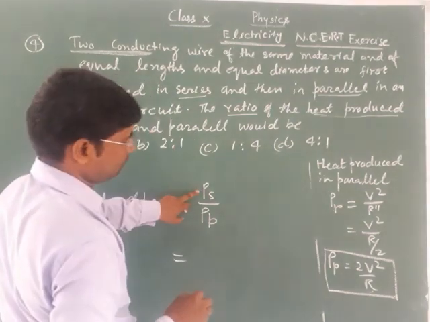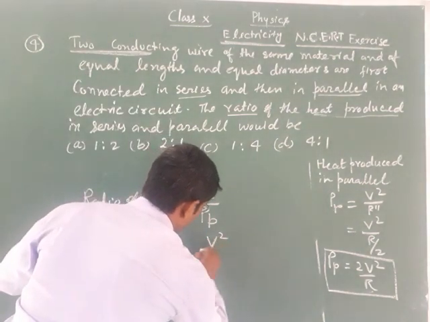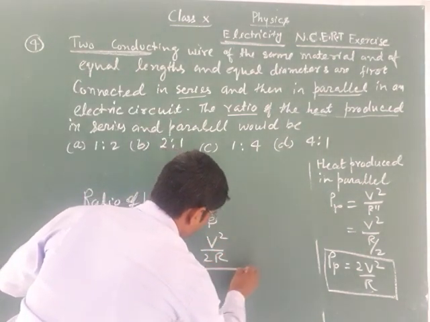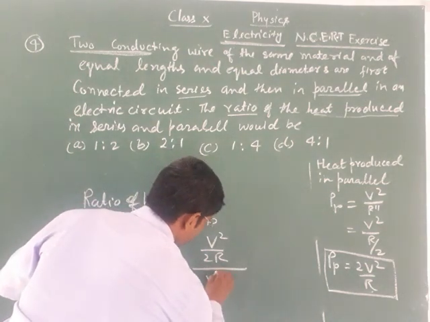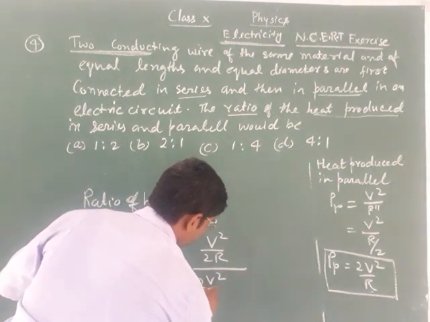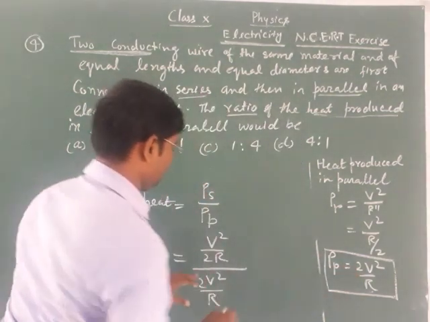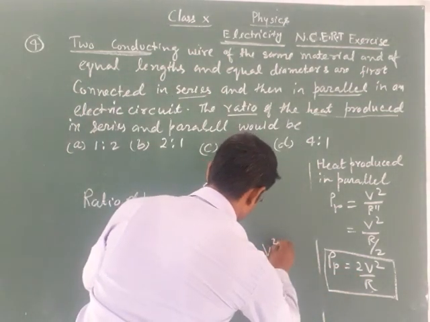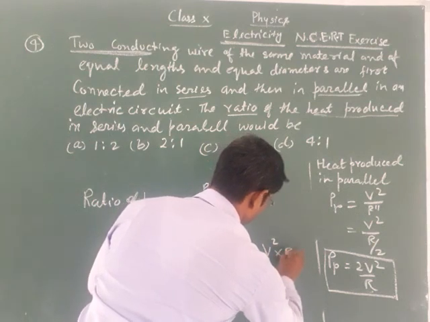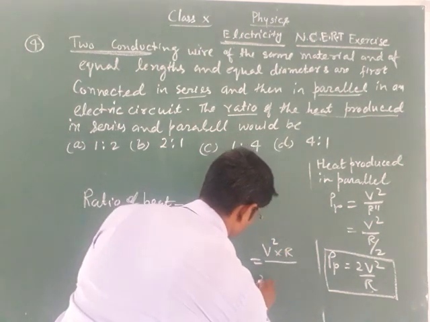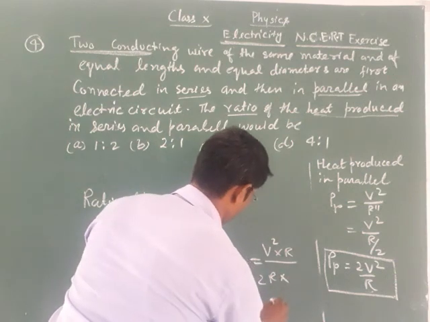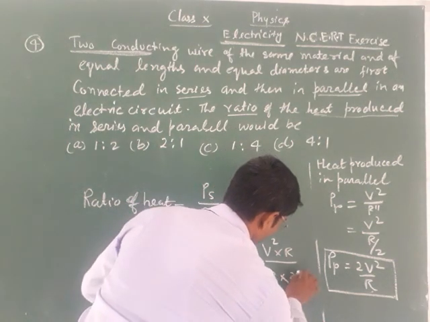So Ps is V square upon 2R, upon 2V square by R. So V square into R upon 2R into 2V square.